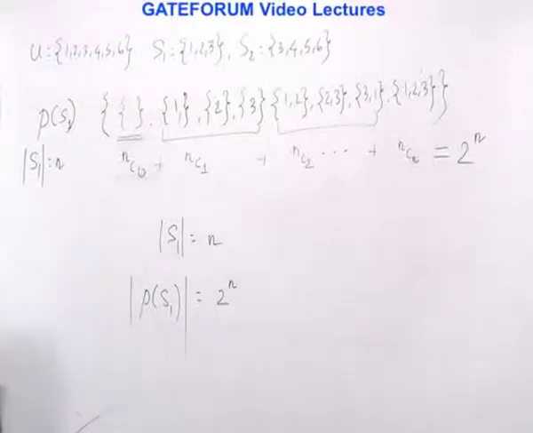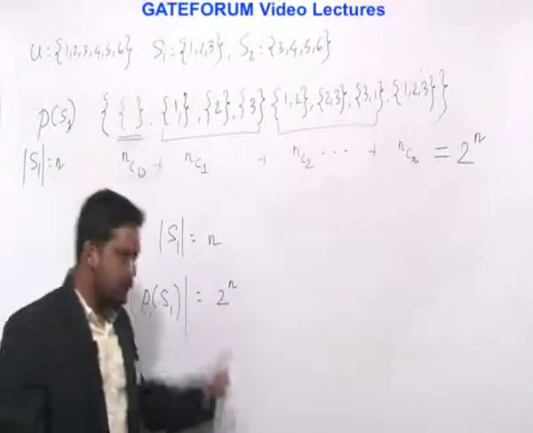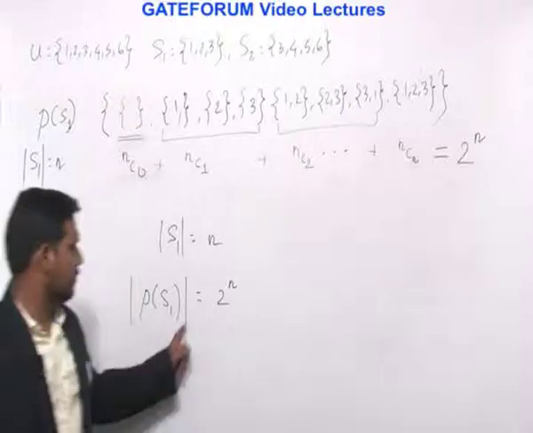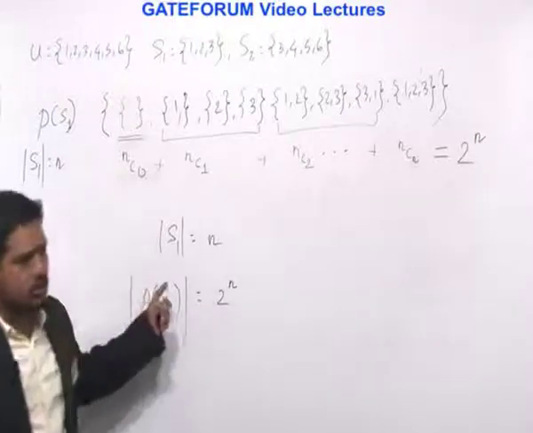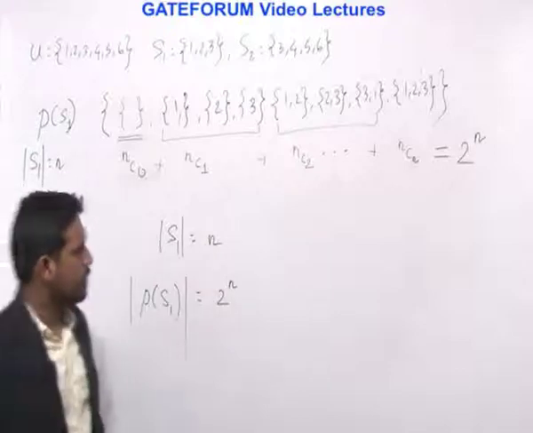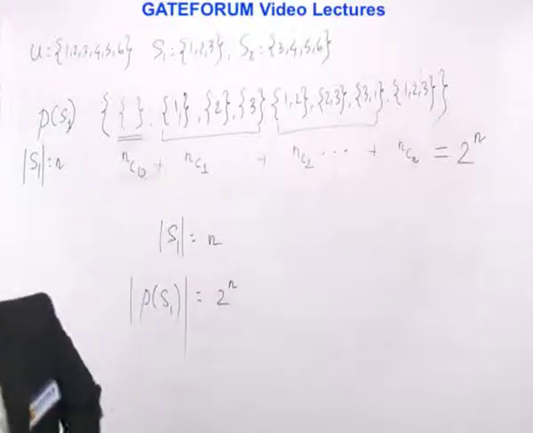What is a subset? How many subsets are possible with n elements? 2 to the power n subsets are possible for a set consisting of n elements. So this is nothing but the number of subsets possible.